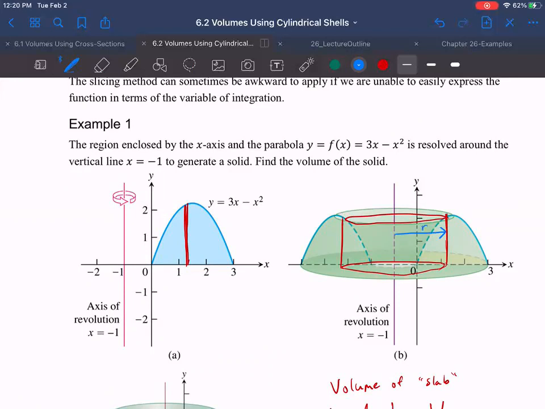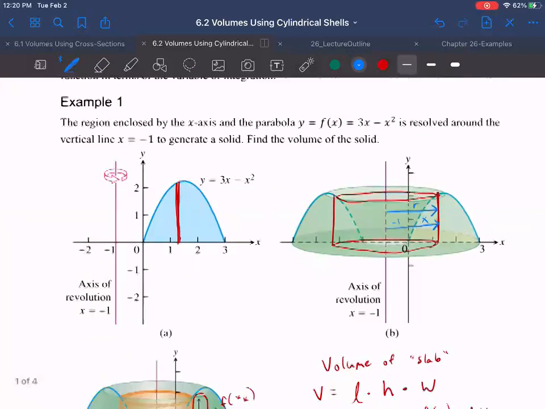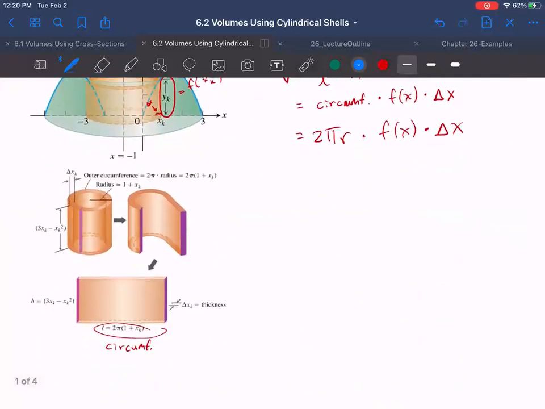This is the value for x we're plugging in. This is -1. So for our radius, we want 2 pi times x minus whatever our axis of revolution is, which in this case is -1.